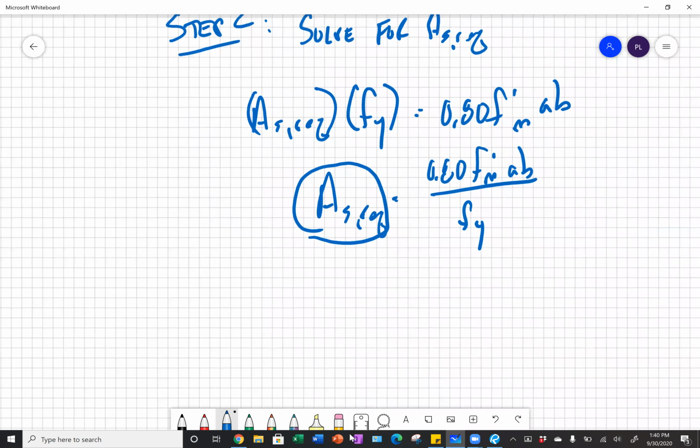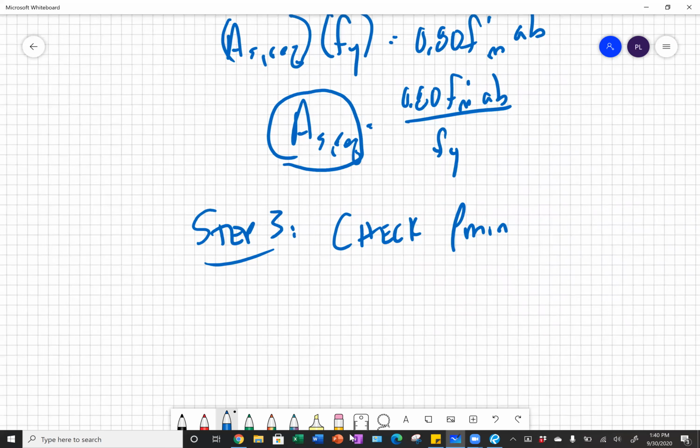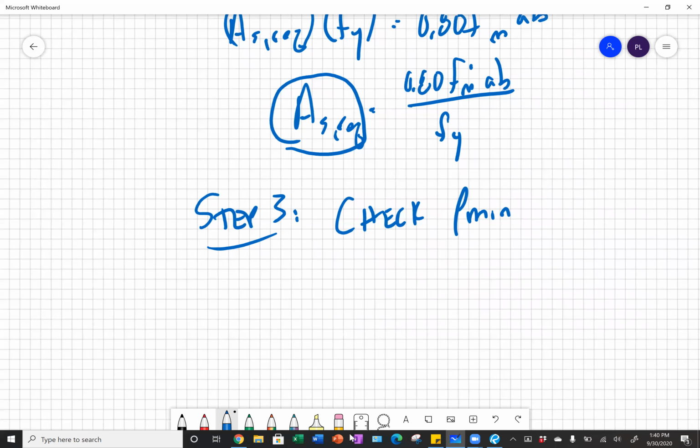So step 3, we will check our rho min. And so TMS requires a minimum amount of reinforcement in our members. And it does that by saying that our nominal moment capacity needs to be greater than or equal to 1.3 times our cracking moment.